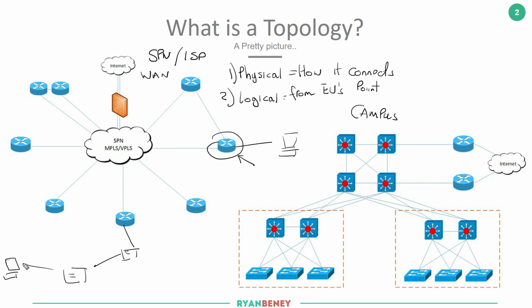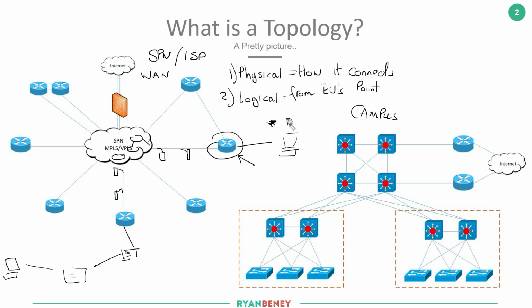Now, physically we can see that this PC plugs into a switch, which goes into another switch, which then goes upstream into a router, which goes across maybe a bunch of telephone poles because we're using some sort of subscriber line technology, into our provider network where it traverses multiple devices, eventually finds the correct exit, and again, maybe this is a DSL subscriber line and it goes across a bunch of telephone poles, gets into this router, and then off it goes to the destination.